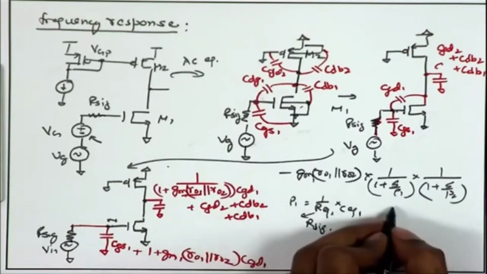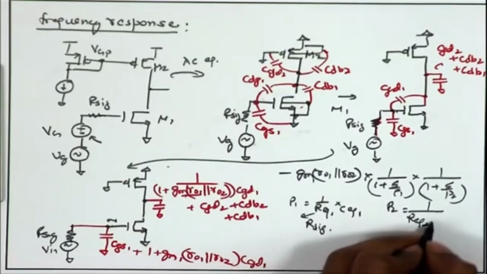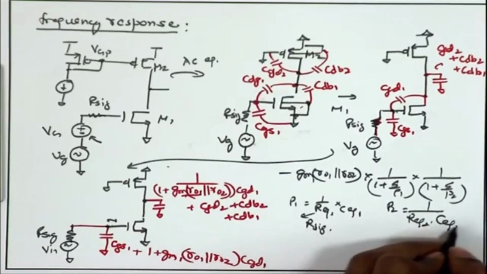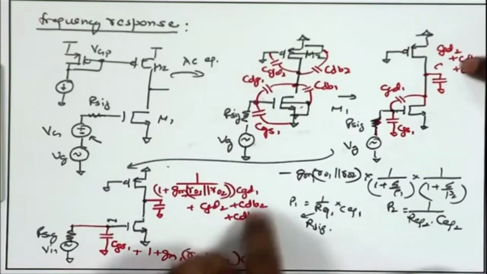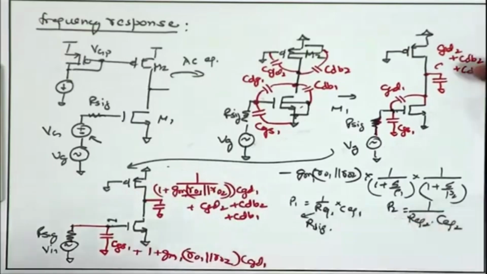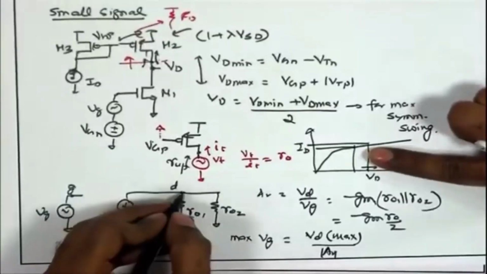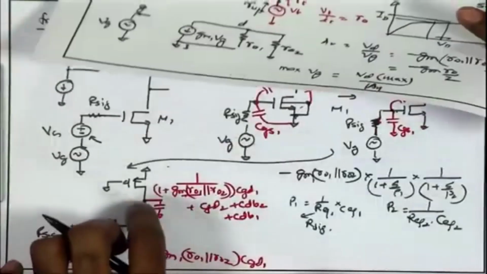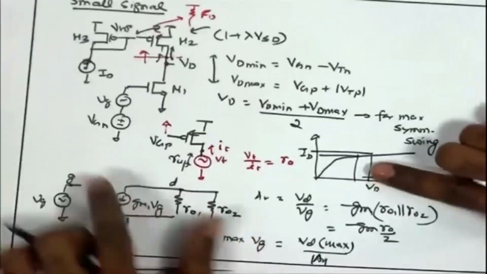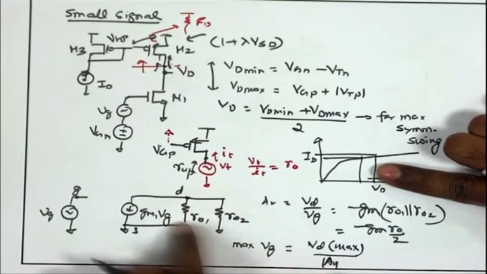What about P2? What is 1 upon R equivalent 2 times C equivalent 2? C equivalent 2 we have already found out, so this is the expression for C equivalent 2, and I also need to find out what is the R equivalent 2. So, once again if I go back to my small signal model and see what is the small signal resistance between the drain node, that is this output node, and the AC ground, that is once again just going to be the parallel combination of RO1 and RO2.